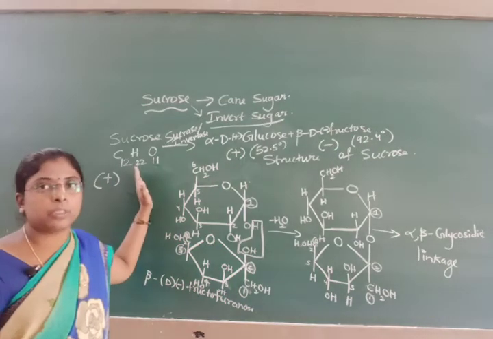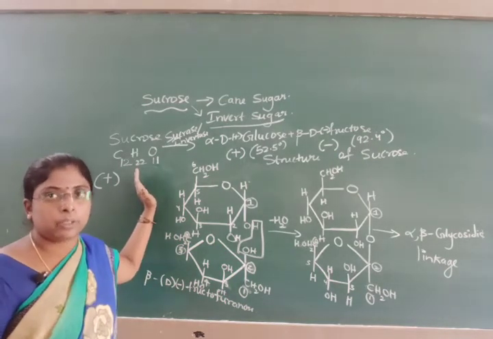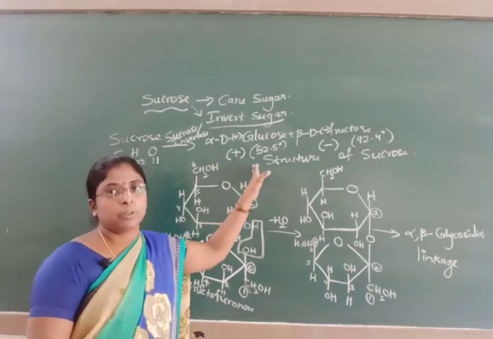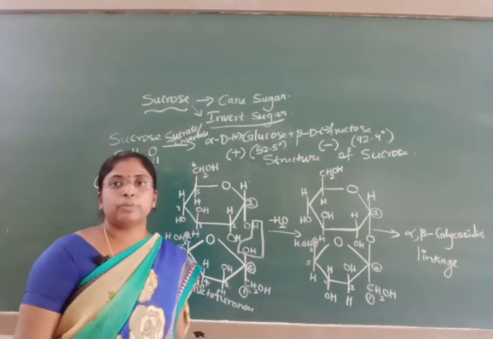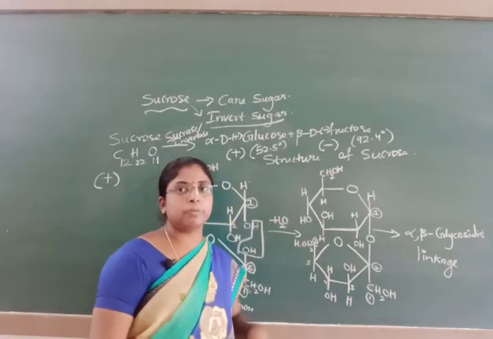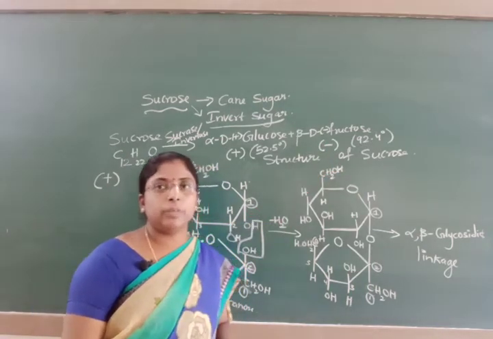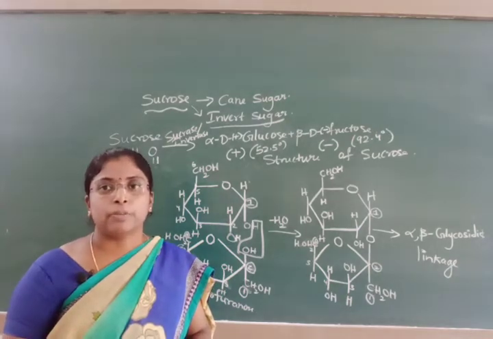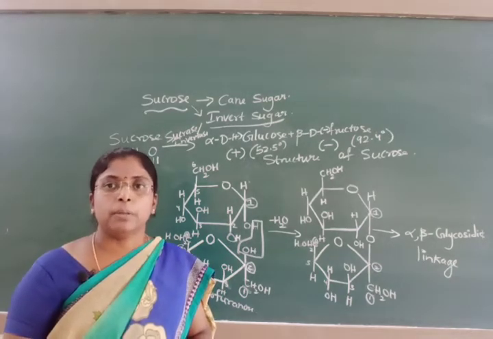Because sucrose initially was dextrorotatory, but on hydrolysis it produces dextrorotatory glucose and levorotatory fructose. Since the dominant one is fructose, with 92.4 degrees and levorotatory, the sign of the sucrose changes from plus to minus.